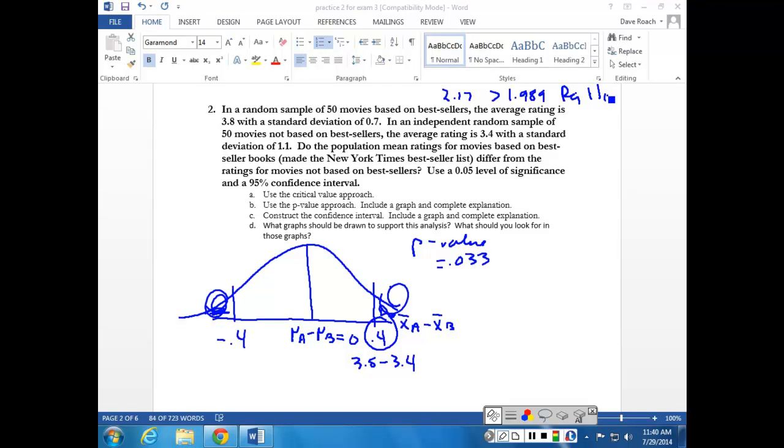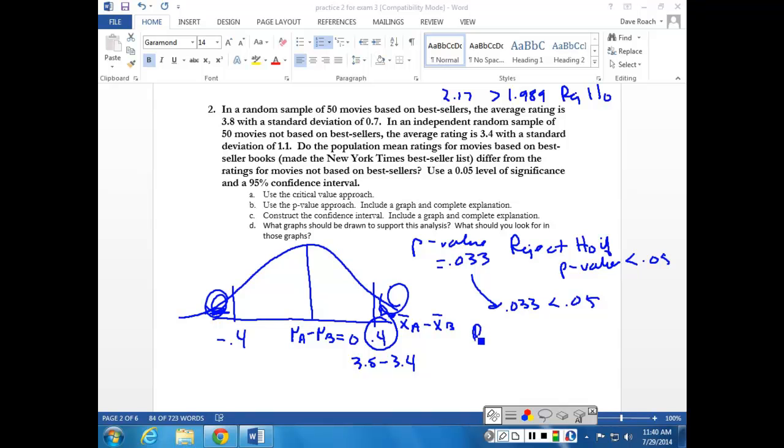Here we're going to reject H0 if the p-value is less than 0.05. 0.033 is less than 0.05.